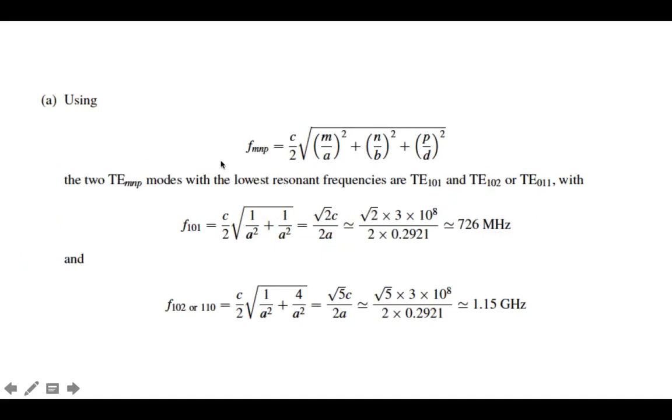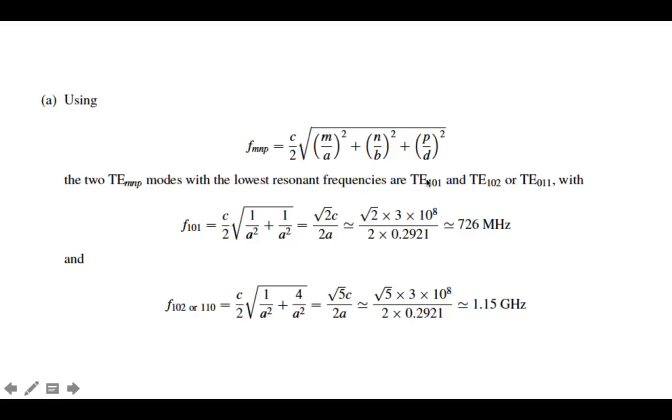So the resonant frequency for M, N, and P is given by C over 2 times the square root of the terms with the A, B, and D dimensions, which are given here, and M, N, and P are given here. So if we look at TE101, 102, and 011, then we would be plugging in for M, N, and P with the given parameters.